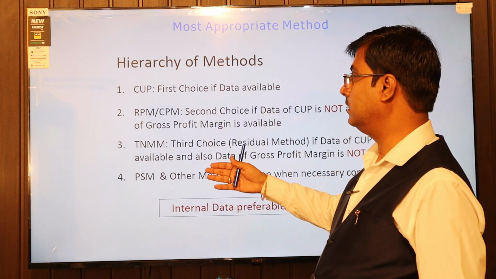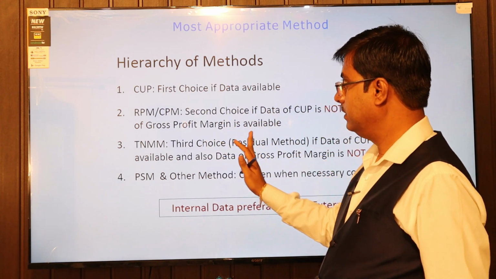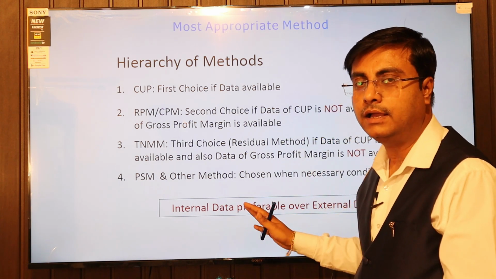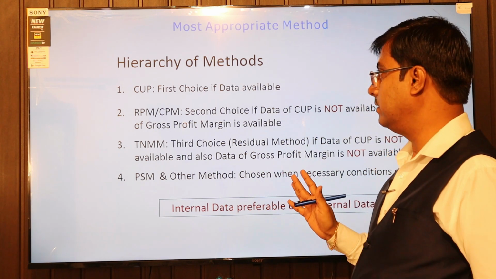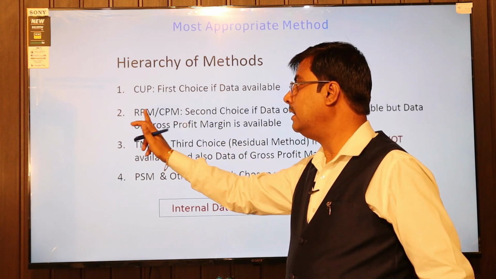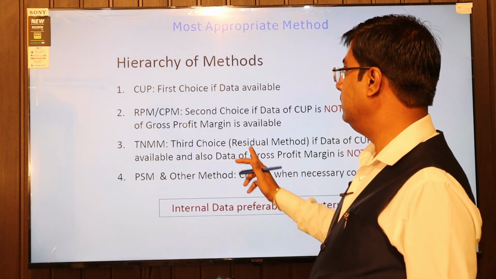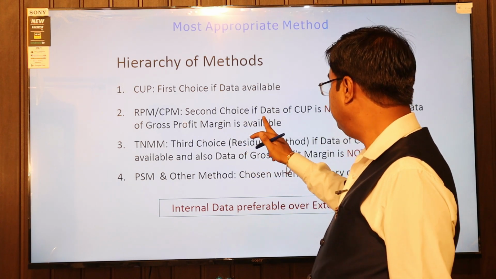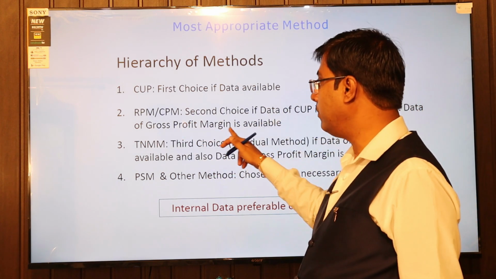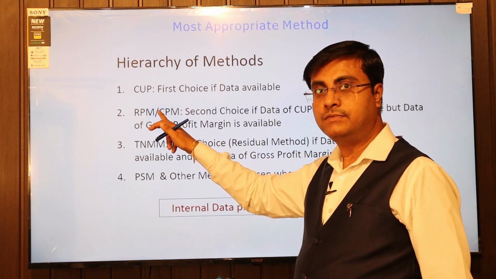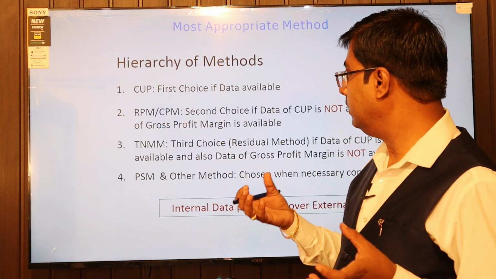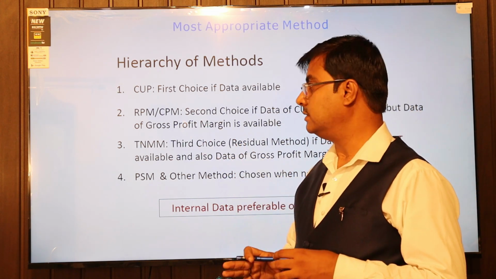This is the hierarchy of methods. First we have to see CUP. CUP is our first preference. Second, internal CUP. Internal data is most appropriate for us, right? RPM, CPM are basically traditional transactional methods. Second choice is if the data for CUP is not available, but data for gross profit margin is available, because in RPM, CPM, our ALP needs to be determined on the gross profit margin basis.